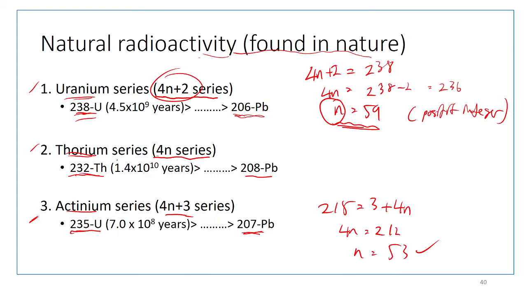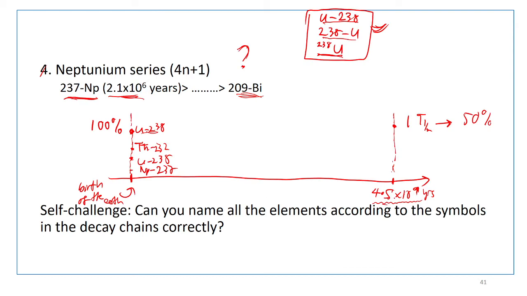And thorium 232's half life is much longer than the age of our Earth. Meaning that at the present time the thorium nuclei have not yet undergone one half life.